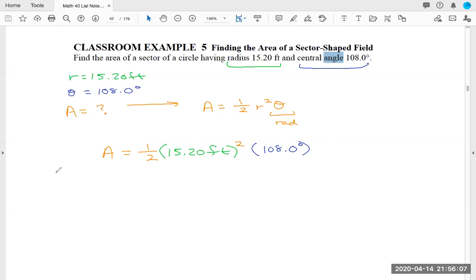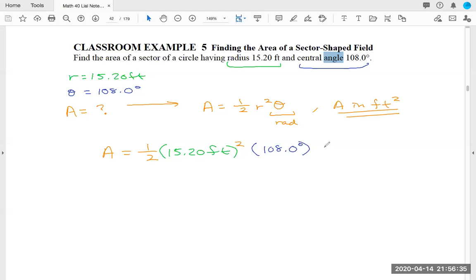Okay, let me quickly divert. Essentially, if you're checking, do I need radians or do I need degrees for this problem? Area, you're going to want it to come out to feet squared. Okay, so you do not want degrees to show up.